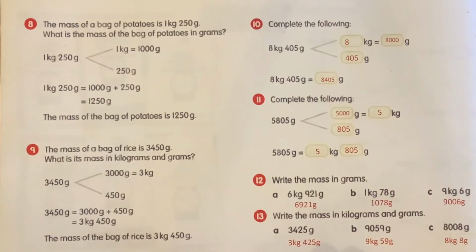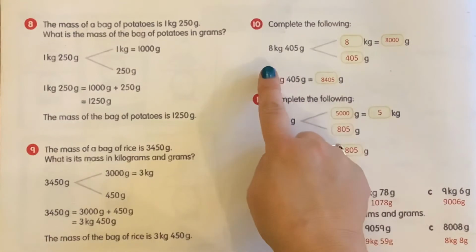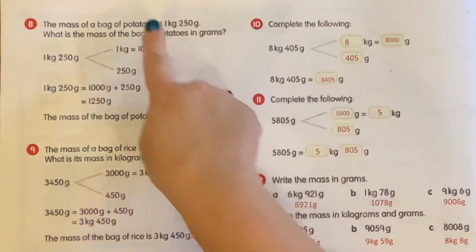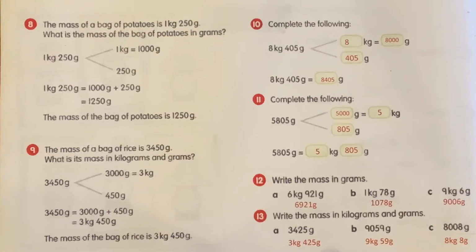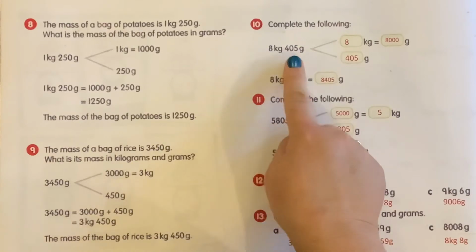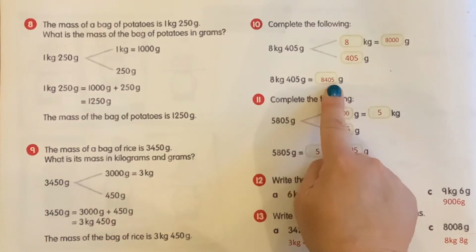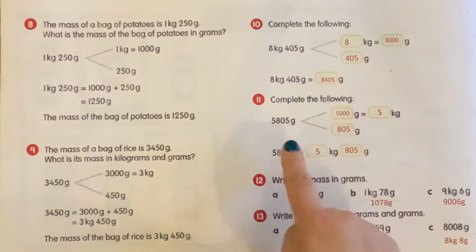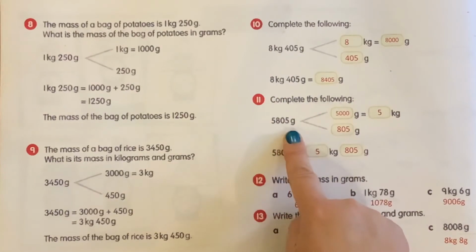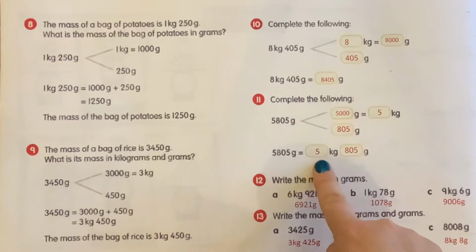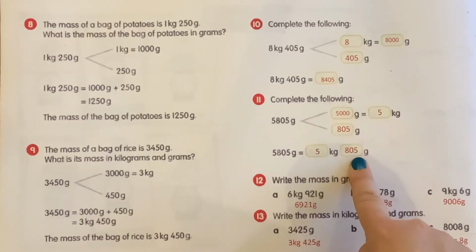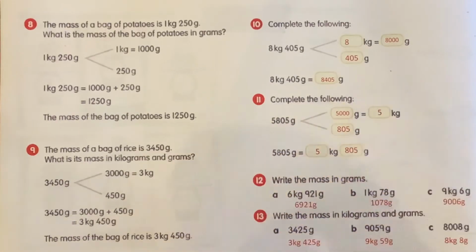So here are the answers. Hopefully you were able to go through these questions and the steps just as we had done in these examples. Converting 8 kilograms 450 grams into 8,405 grams using the steps, and likewise 5,805 grams to 5 kilograms 805 grams, again using the steps.